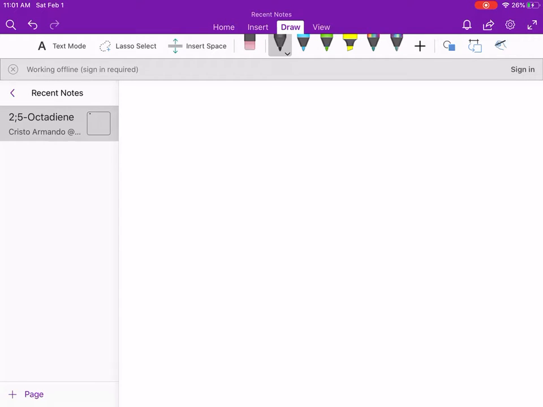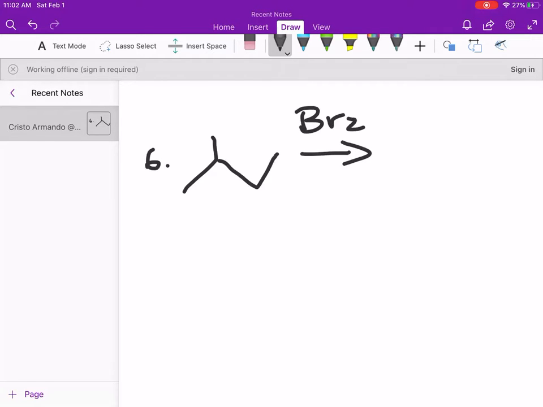Alright, so now we're going to draw only the major product for this same molecule, except we're going to be using Br2, right, with its catalyst. And so again, we can draw in the hydrogens.